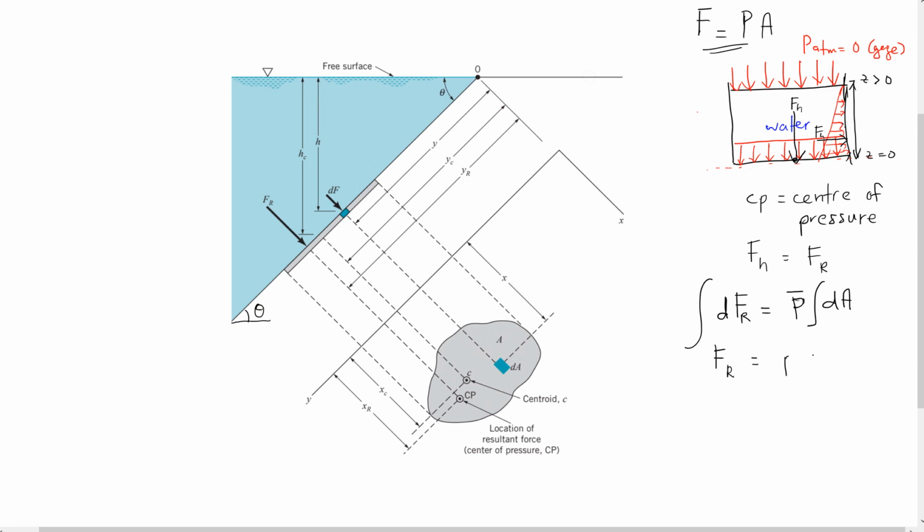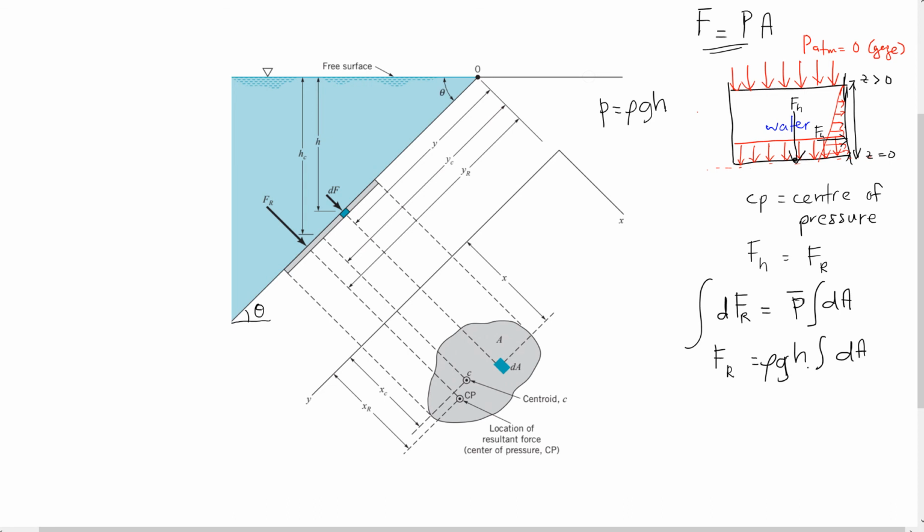If you still remember, in the previous lecture we learned about pressure variation with elevation, where P is equal to rho g h. So in this case, I want to replace this P with rho g h, so rho g h dA.